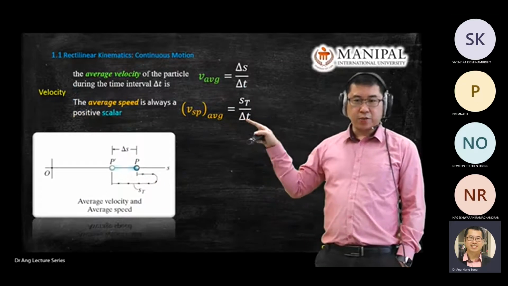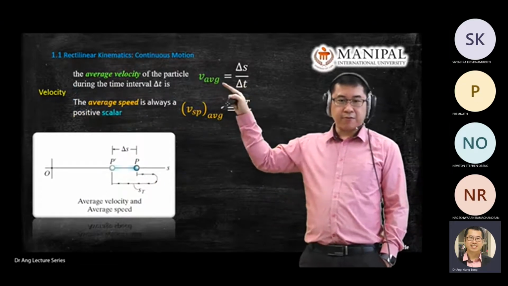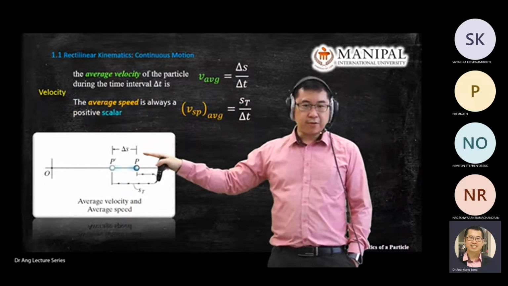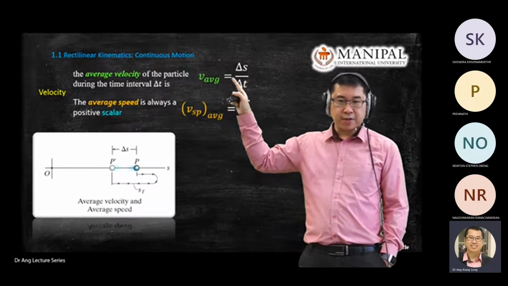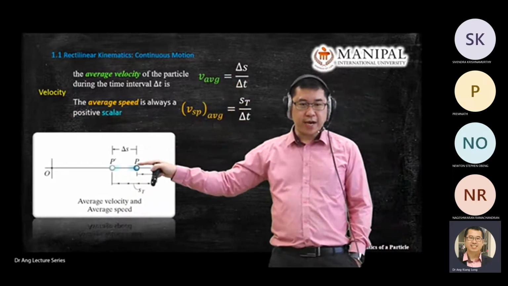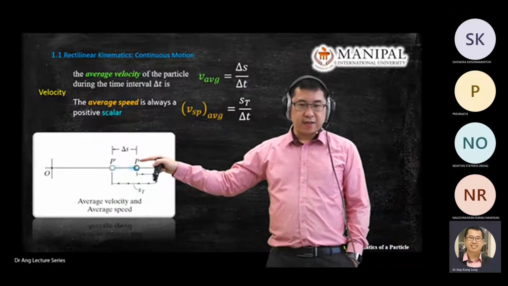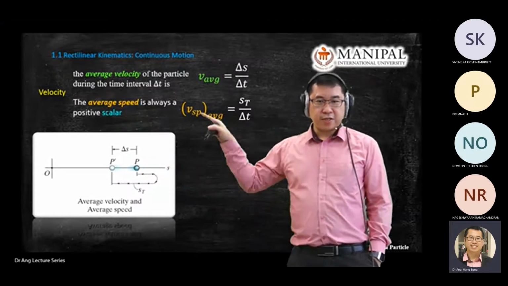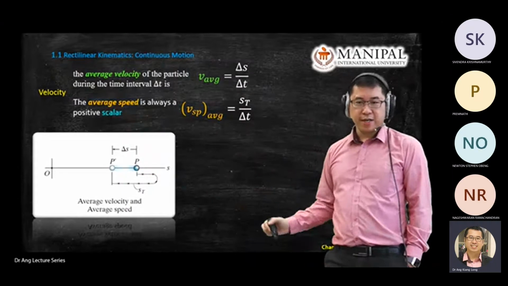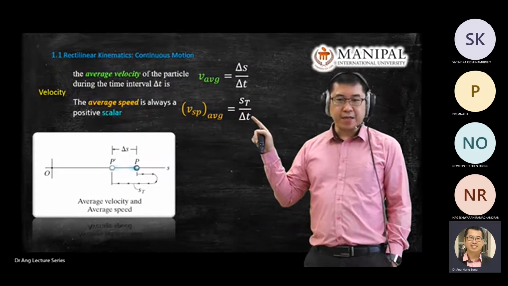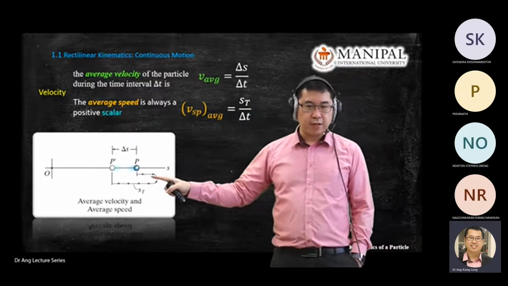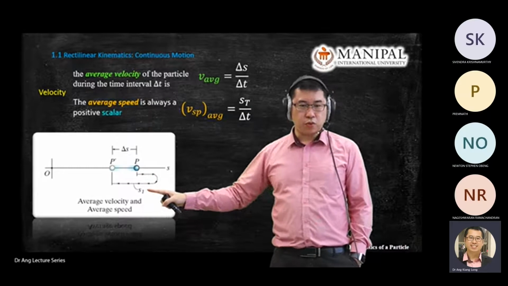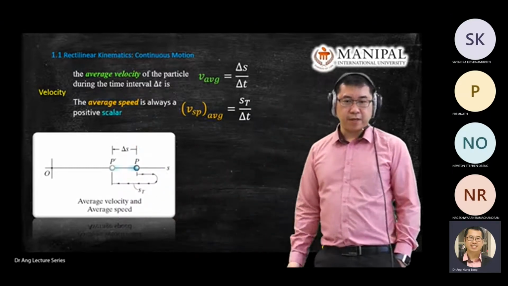By using these two equations, if you calculate the velocity, you use delta S in your calculation. It's a displacement. You use delta S, where the initial position compared to the end position gives you the average velocity. However, to find the speed, you use S_T, the total distance traveled by the particle from P to P prime.